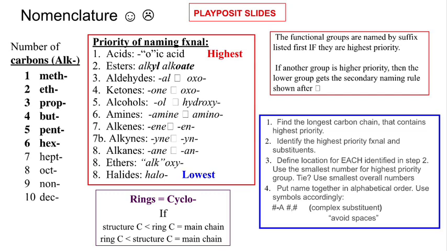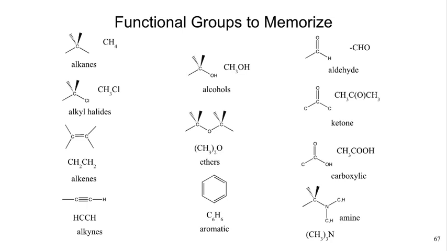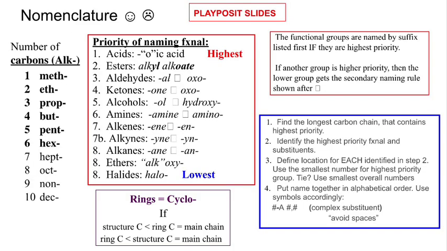I just need to know what to memorize. I would love that red box in the test, that'd be super cool. Just tell me. I'll give you functional groups, and I'll give you the center big red box. You need to know your number of carbons. You need to know what cyclos mean. You need to know how to put together a name. You need to know the organization of highest priority for your name.